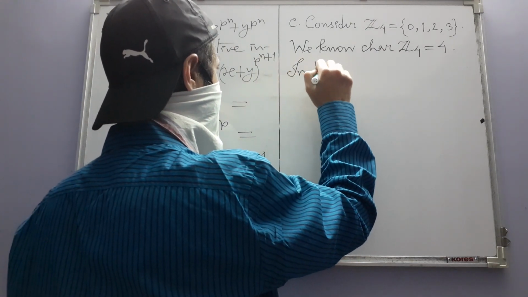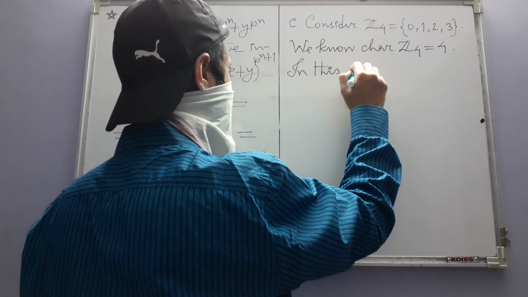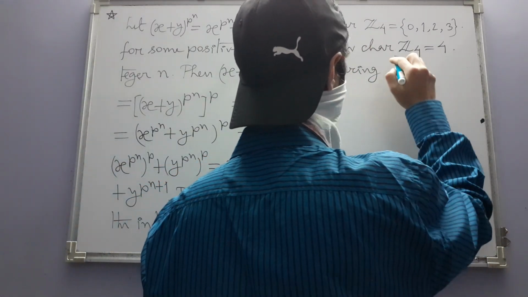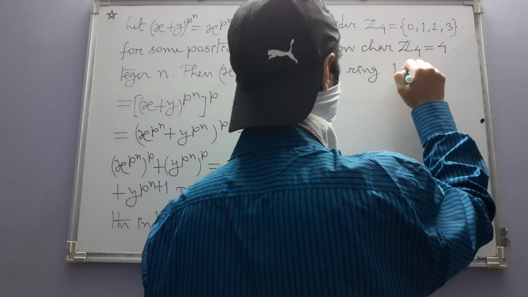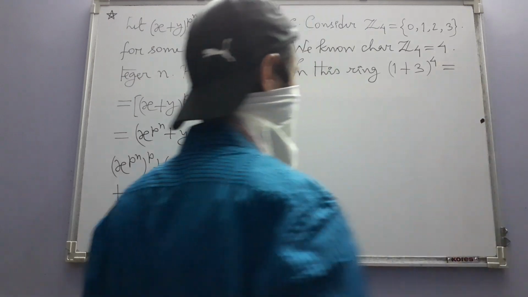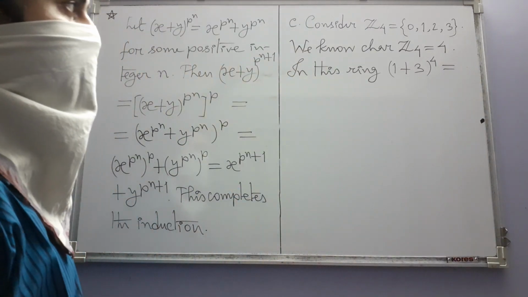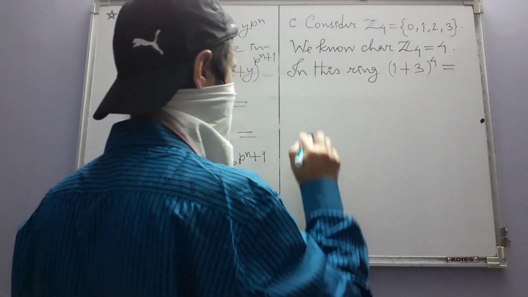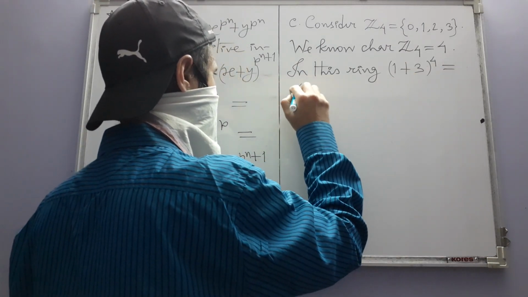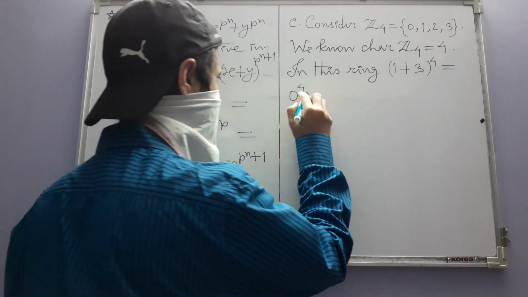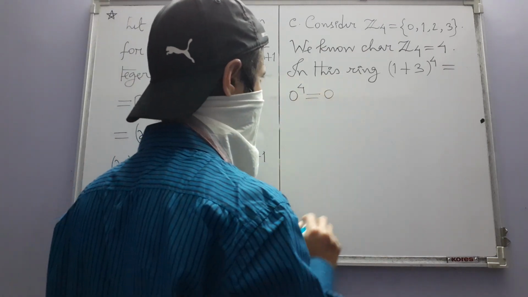Now in this ring, and now the ink is coming properly. If we take in place of x and y say 1 and 3, then in this ring 1 plus 3 is 0, so we get 0 if we calculate this power.